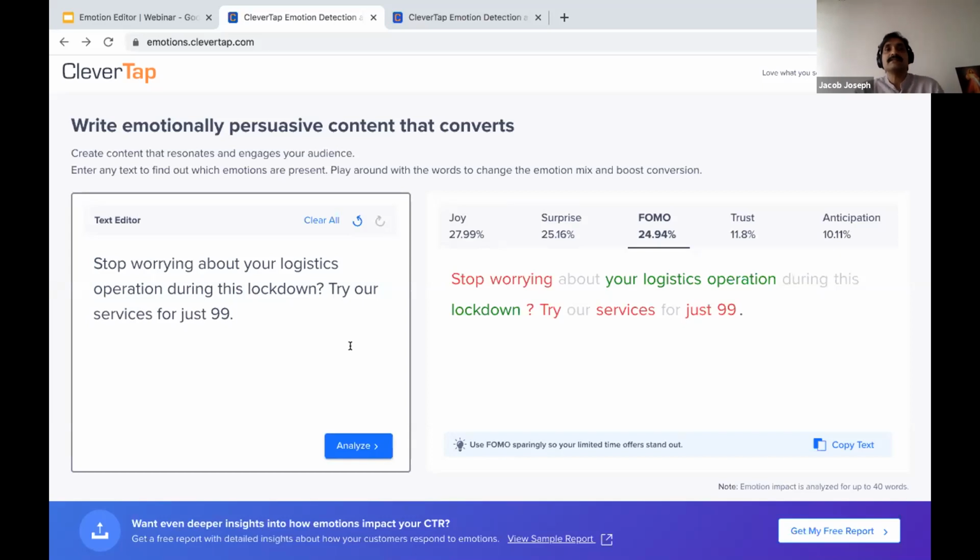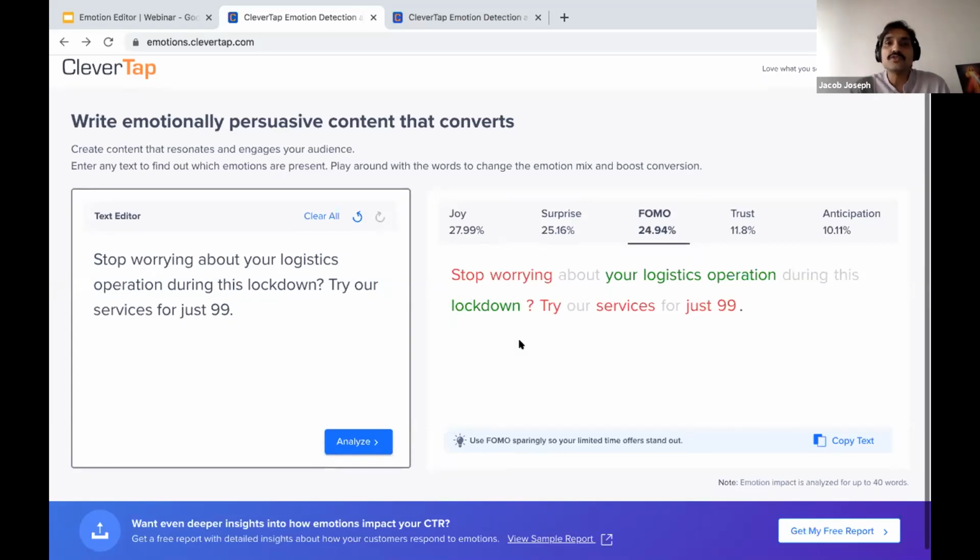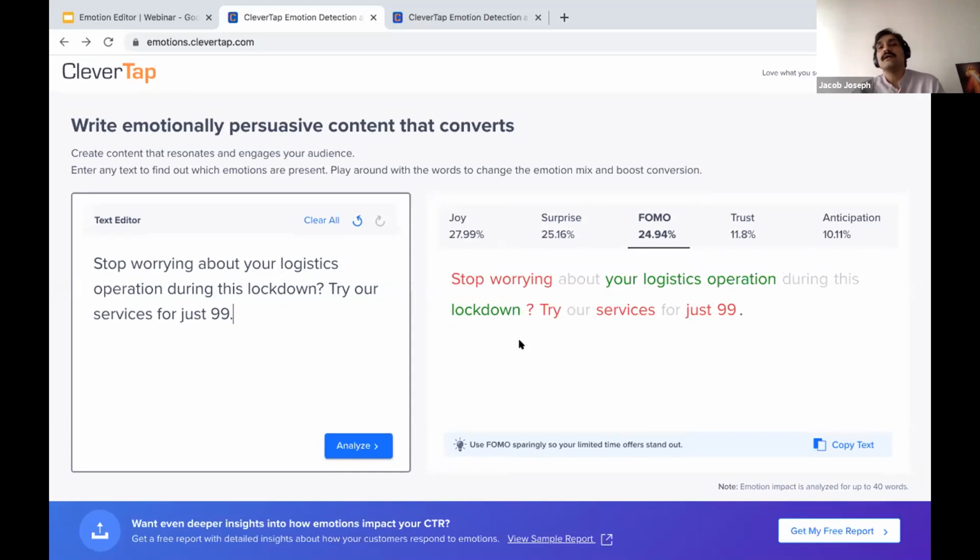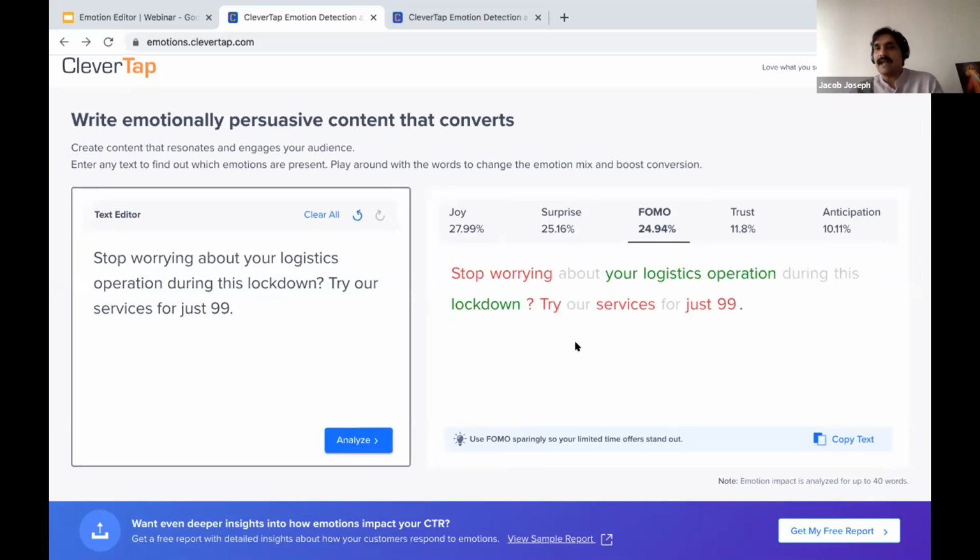So this is the way you could change your emotions in the message and play with it, basically, to suit your brand tonality or what works with your audience.